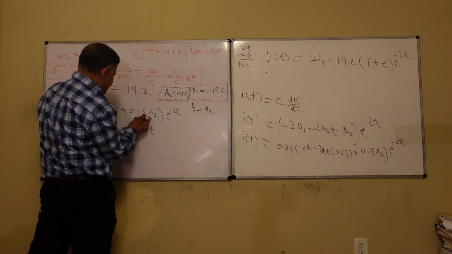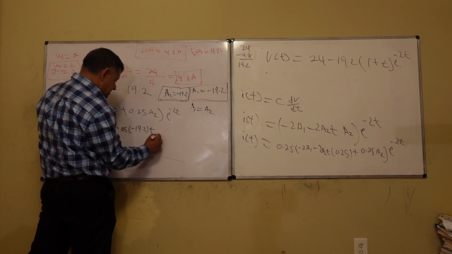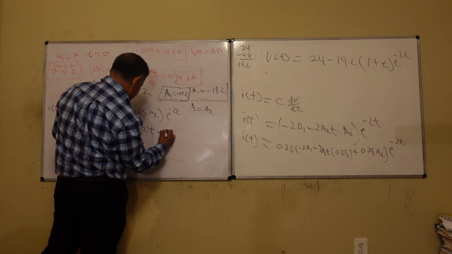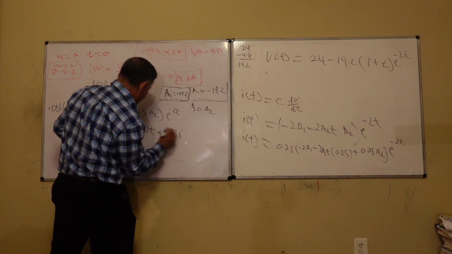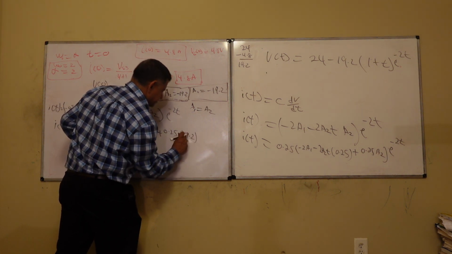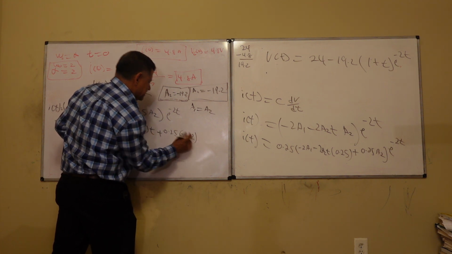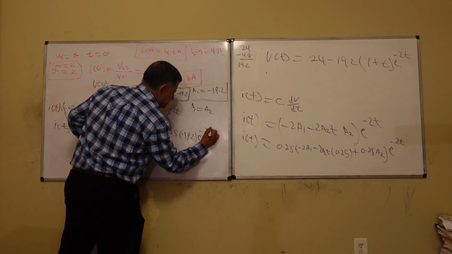Then this guy stays positive, but this one is a negative, plus 0.25 times negative 19.2, e to the 2t.